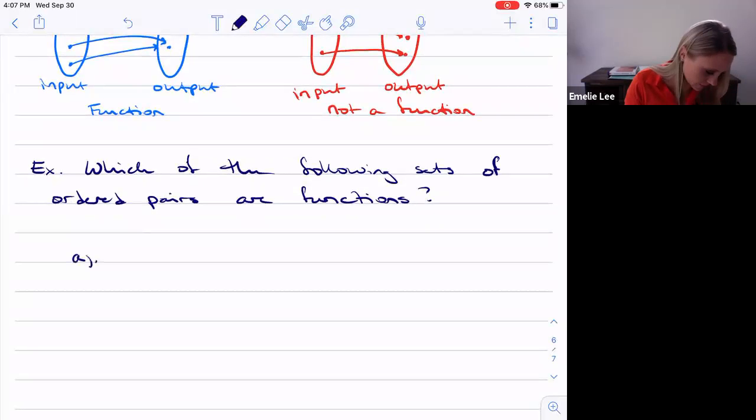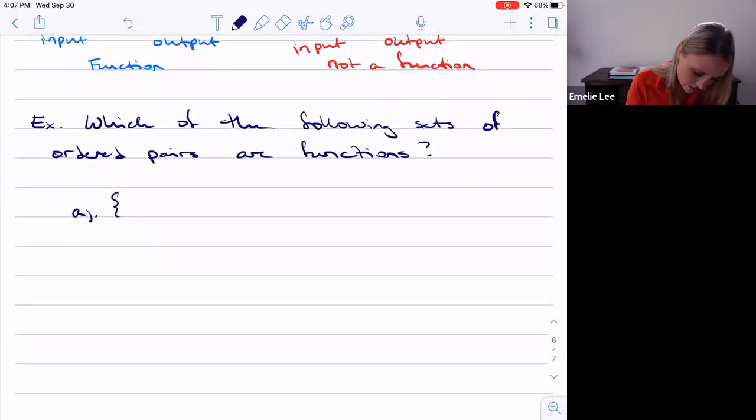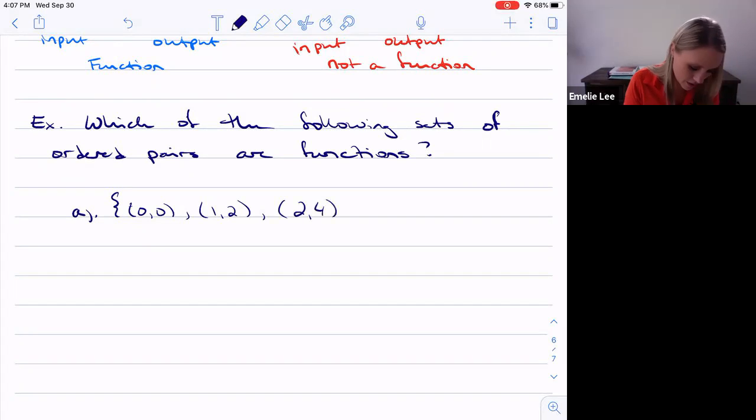So we'll have a look at 0, 0, 1, 2. 2 goes to 4, 3 goes to 9, and 4 goes to 16.